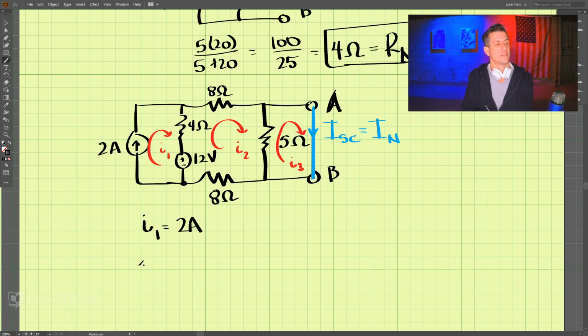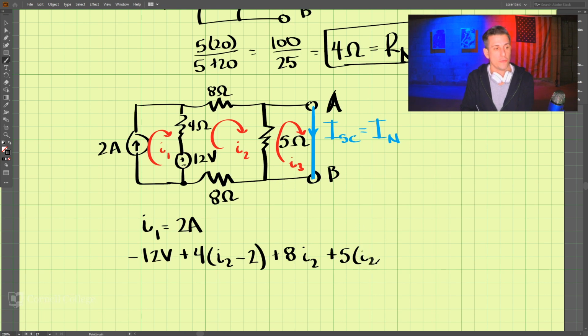So we go negative to positive, that's negative 12 volts, plus our 4 times (I2 minus I1), which we just said was 2, and plus 8 times I2, plus our 5 times (I2 minus I3), plus 8, last one, times I2. Okay, and that is equal to 0. So that is loop 2.